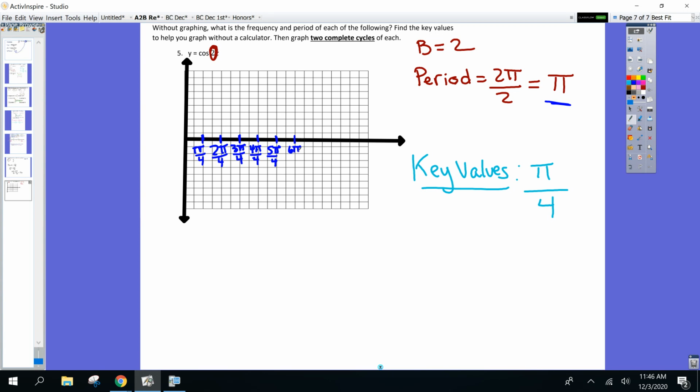If you want to reduce, go ahead. 7 pi over 4. And then one more, 8 pi over 4. Or if you want to reduce that to 2 pi, that's fine. So I had to do 2 cycles. So there's our x-axis, going by pi over 4.